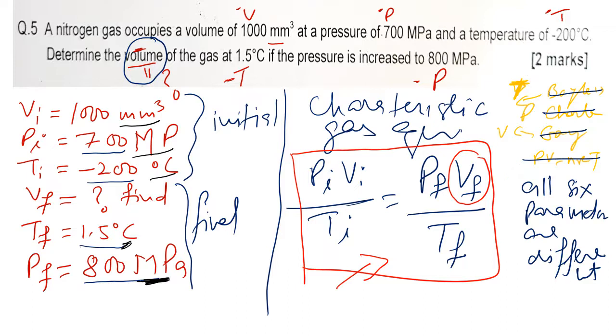So here you have to use the characteristic gas equation. The formula for the characteristic gas equation is Pi Vi over Ti is equal to Pf Vf over Tf.